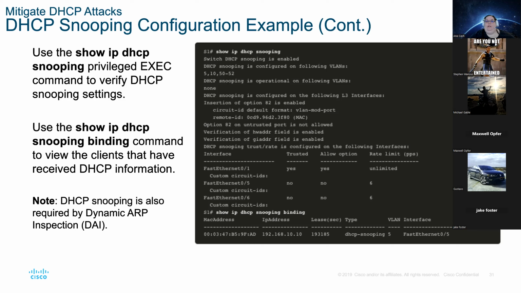So if they're going to be using that, it's also used. And then you can see over here on the right in the example that it has your show ip dhcp snooping, and then it says it's configured, and which ones are the operational ones on, and it's got everything in there.